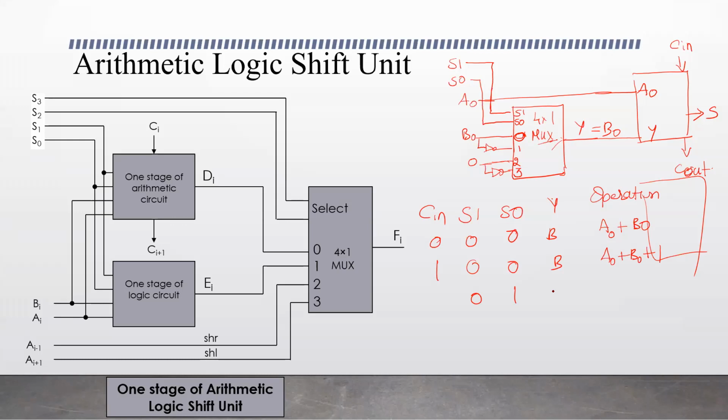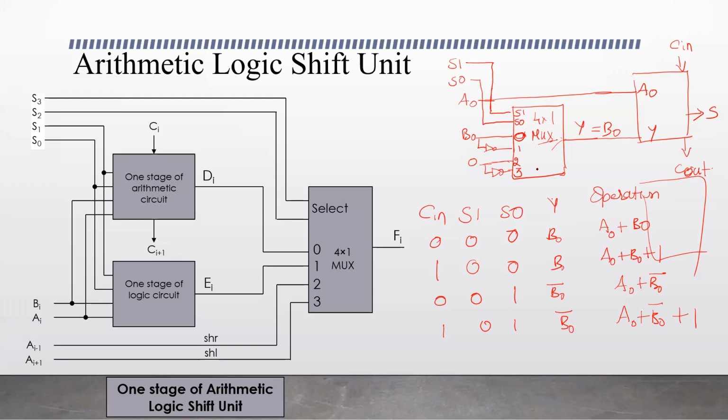That is B naught complement, correct? And the operation here, if carry is 0, would be A naught plus B naught complement. If carry is 1 with the same selection inputs, it is A naught plus B naught complement plus 1. This is subtraction.